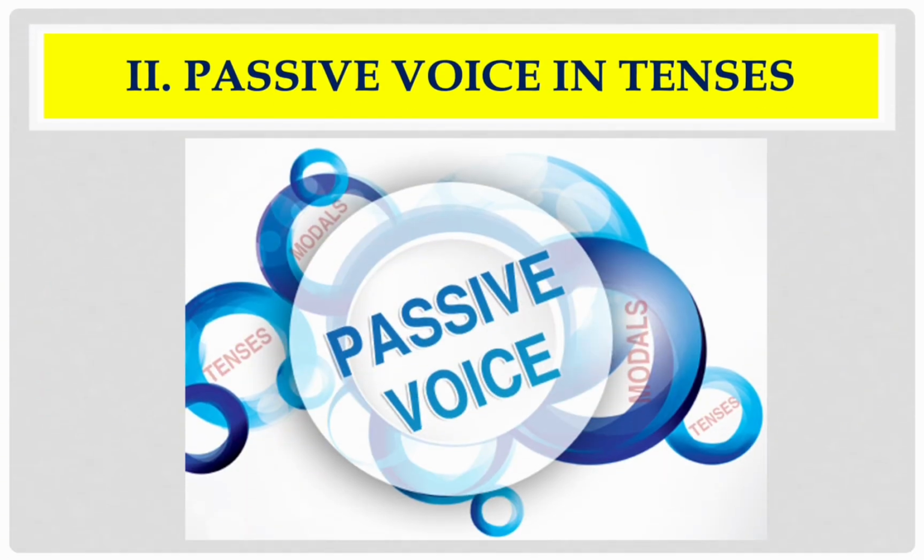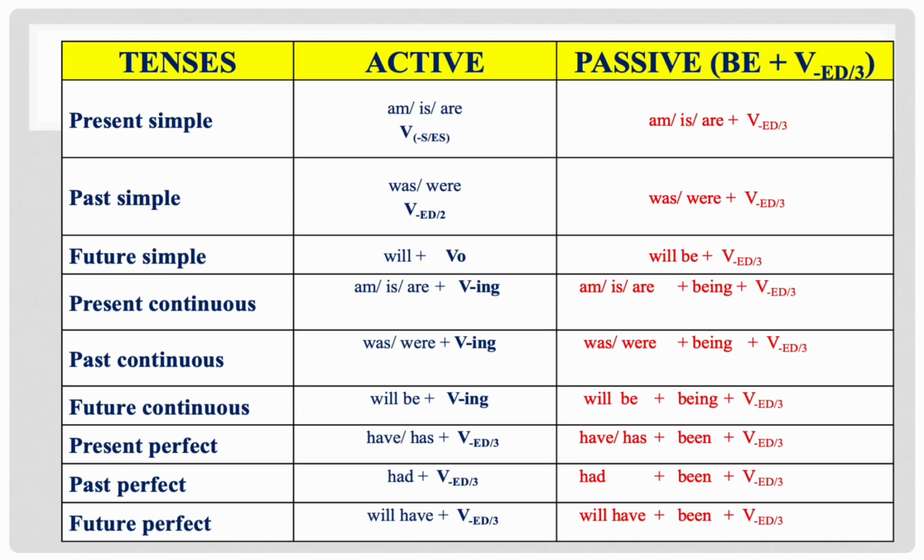Now, let's move to part 2, passive voice in tenses. We already know the basic formula, be plus past participle, right? But remember, the verb be must change according to the tense of the active sentence.